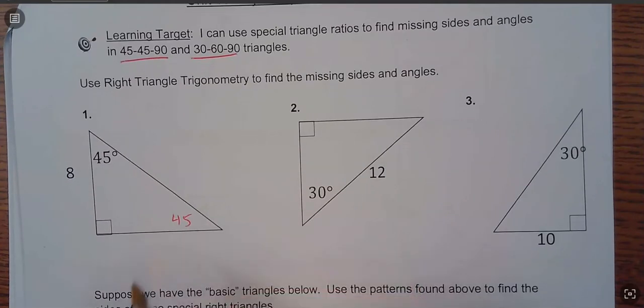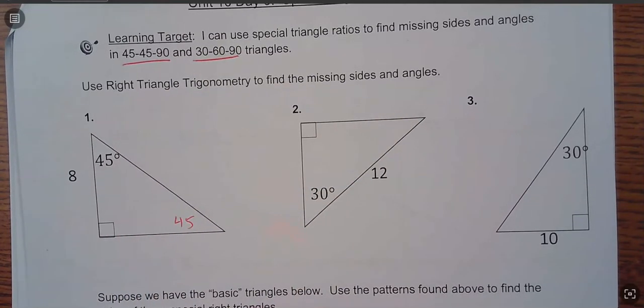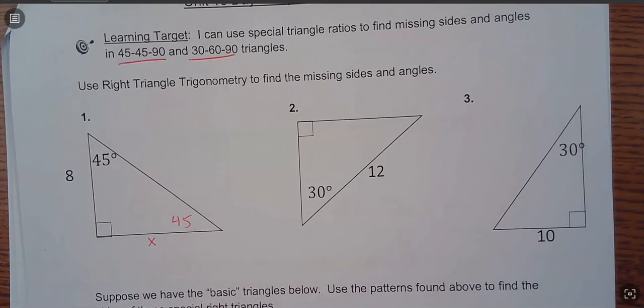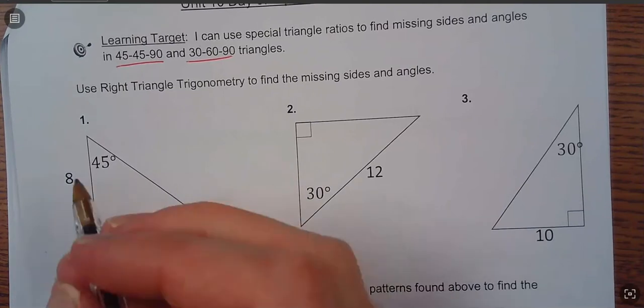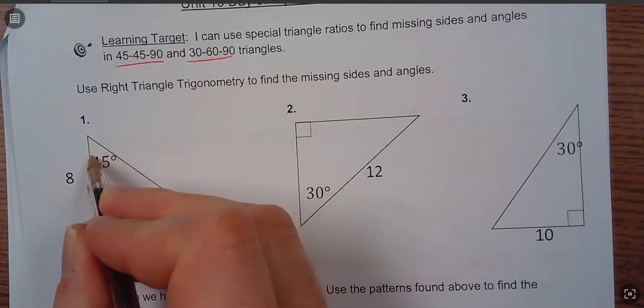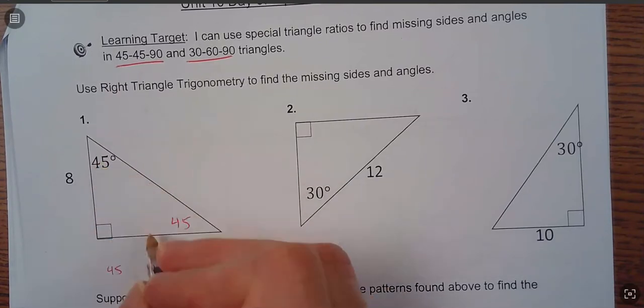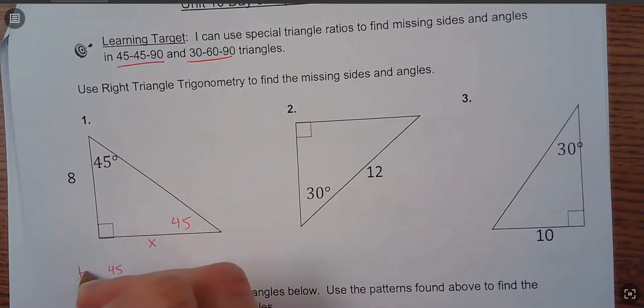Now let's say we weren't quite sure of that. We can use right triangle trig to find the missing sides. Let's call this side x for right now, and solve for x to verify that it is in fact 8. Using the 45-degree angle that was given, opposite over adjacent would be tangent.